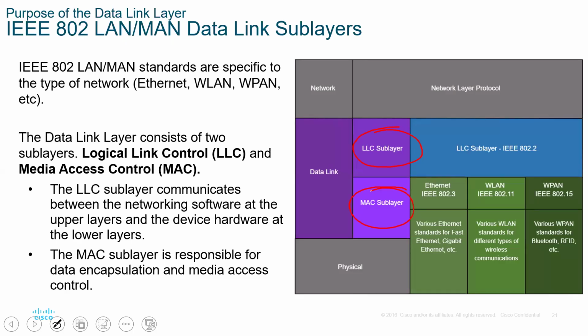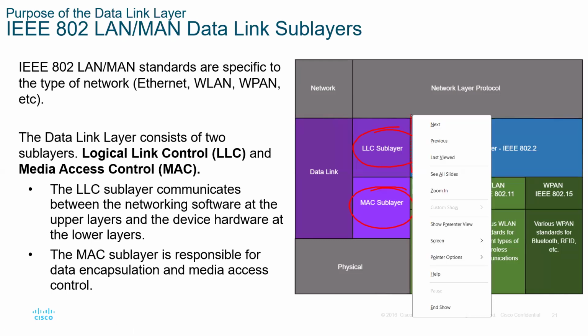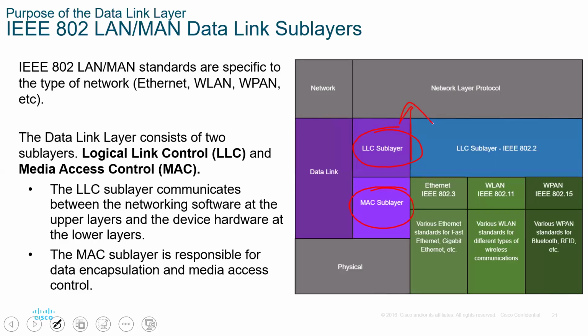The logical link control sub-layer communicates between the network software and the upper layers and the device hardware and the lower layers. So this guy functions based on the devices that are at the top, which is the network, the layer 3. And then this guy functions based on the devices that are down, which is the physical layer.